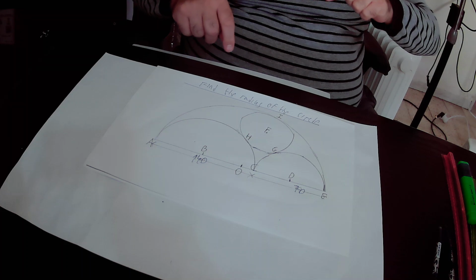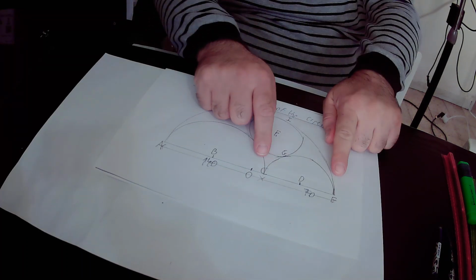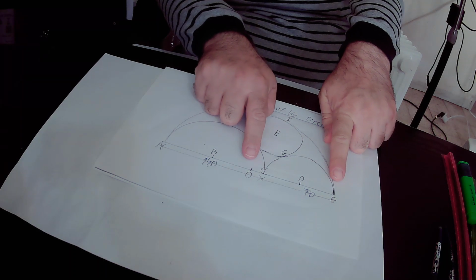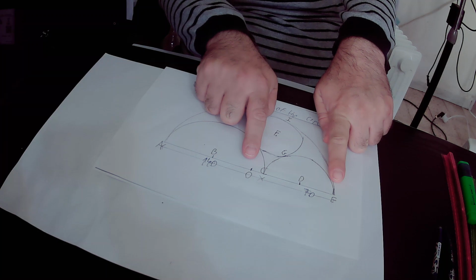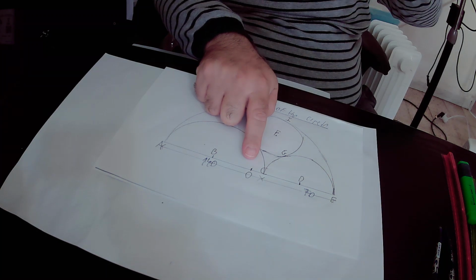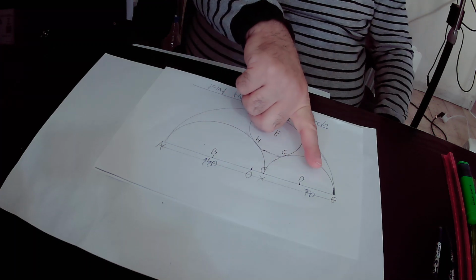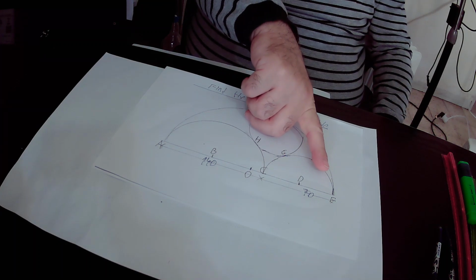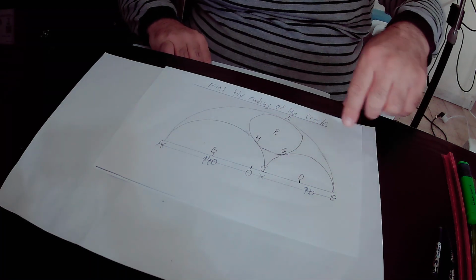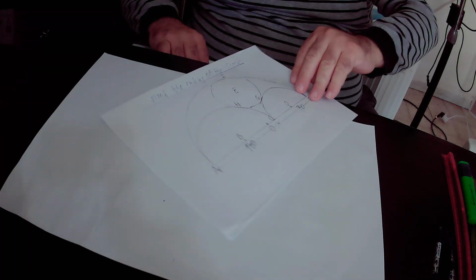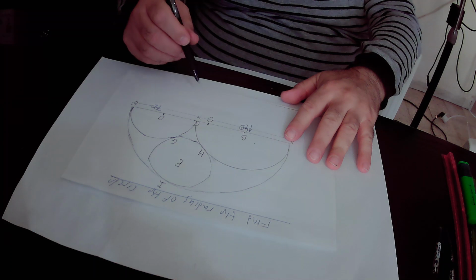So here, write down that OE is the radius of the biggest semicircle. Why? Because point O is the center of the biggest semicircle and point E is a point on the biggest semicircle itself. This is exactly the definition of a radius. So OE is the radius of the biggest semicircle that is equal to 105 units.